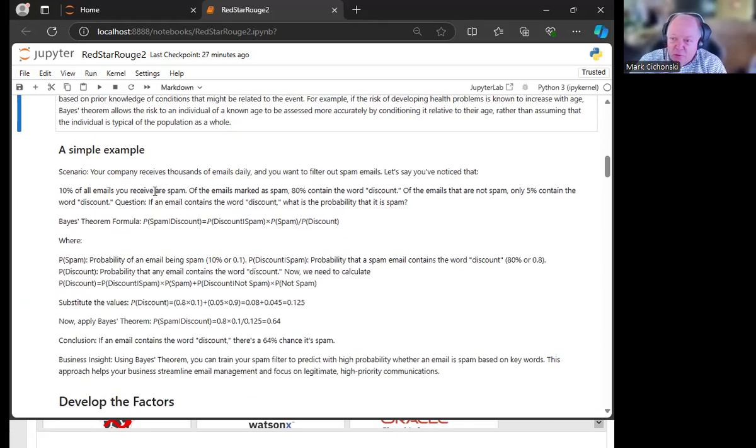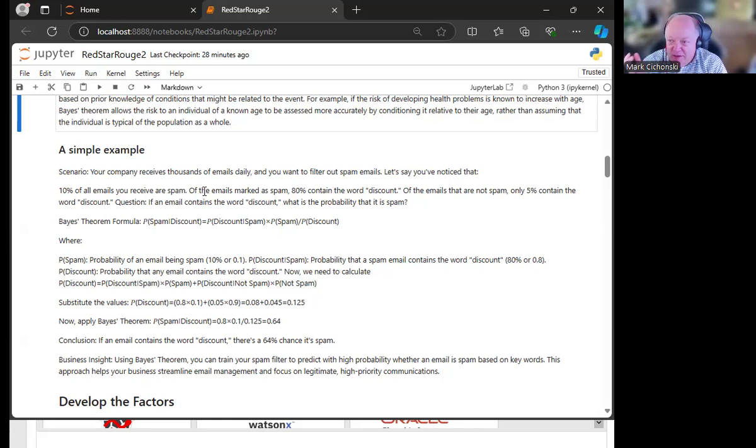Let's say that your company receives thousands of emails a day and you want to filter out spam emails. Through your analysis, you know that 10% of all emails you receive are spam. You also know that of the emails that are marked as spam, 80% contain the word discount. And of the emails that are not spam, only 5% contain the word discount.